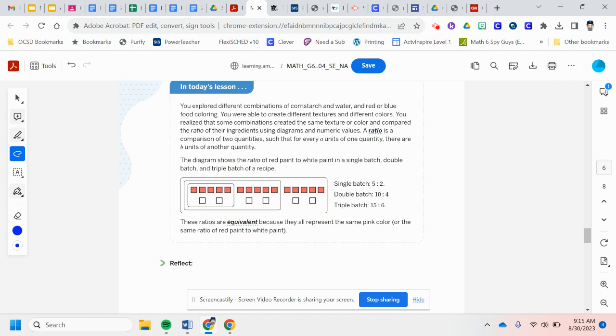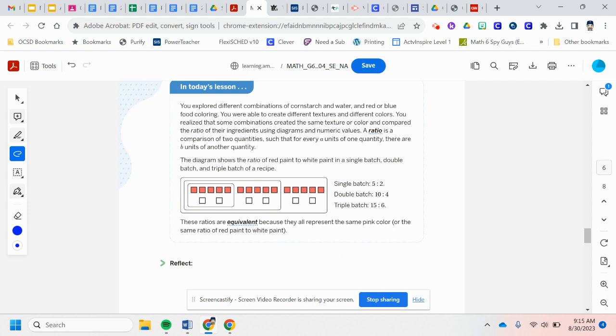It says, you explored different combinations of cornstarch and water and red and blue food coloring. You were able to create different textures and different colors. You realized that some combinations created the same texture or color and compared the ratio of other ingredients using diagrams and numeric values.